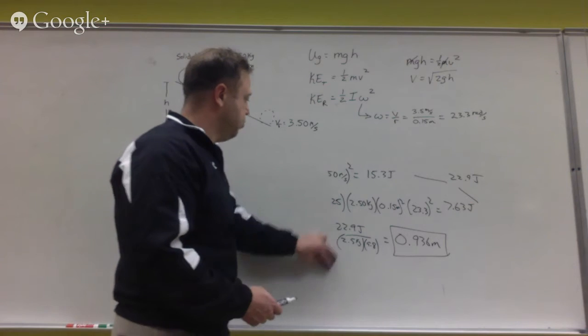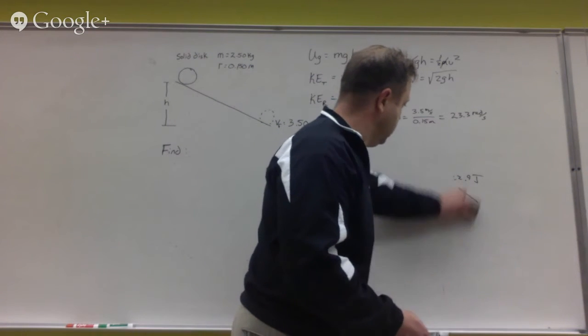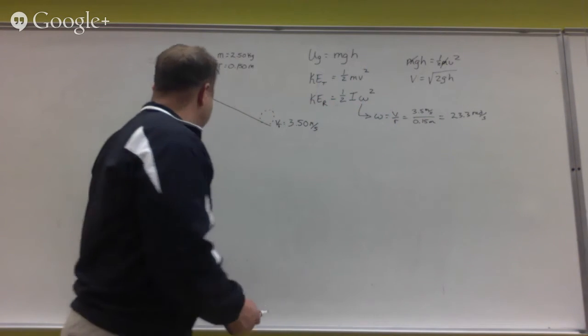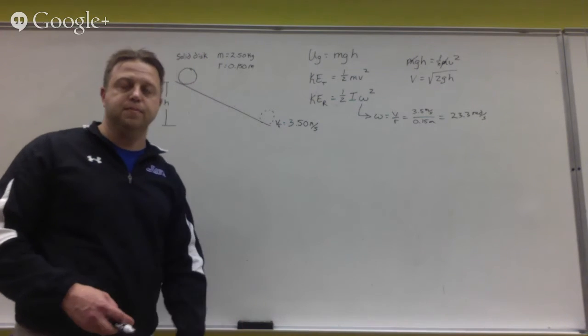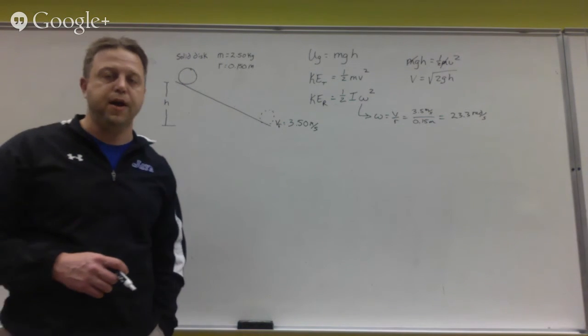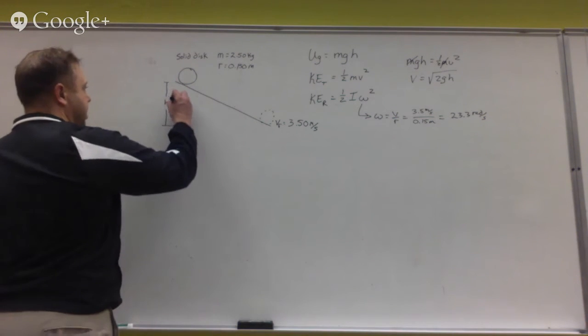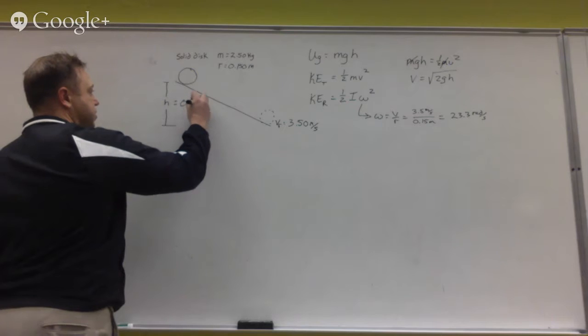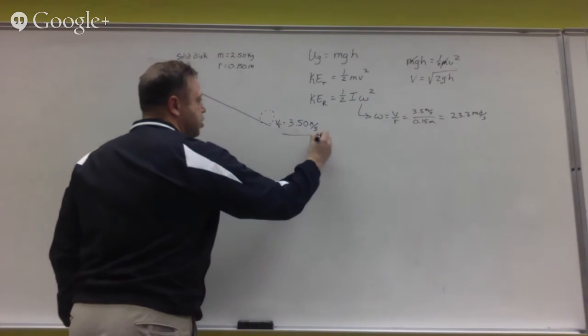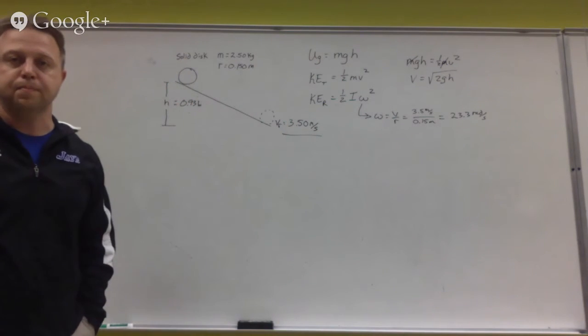So let's erase this real quick and look at this all together in one problem. What did we say the height was? 0.936, we're going to go ahead and use that. Height equals 0.936. And let's solve for this final velocity real quick.